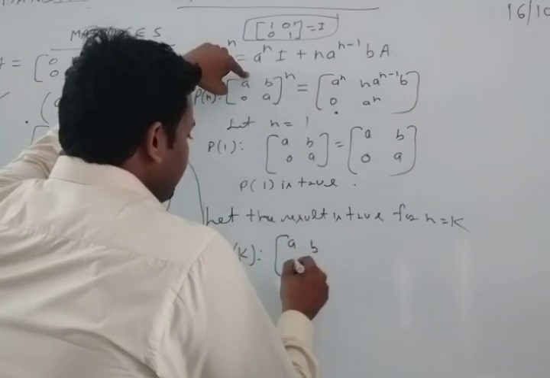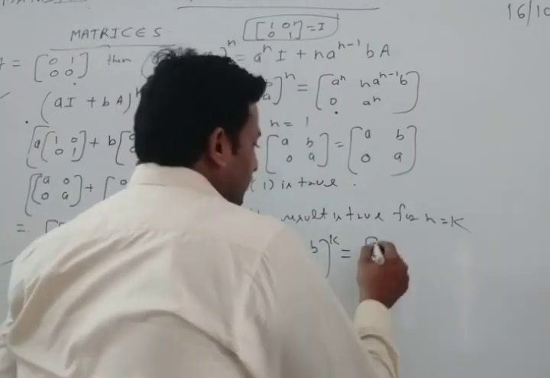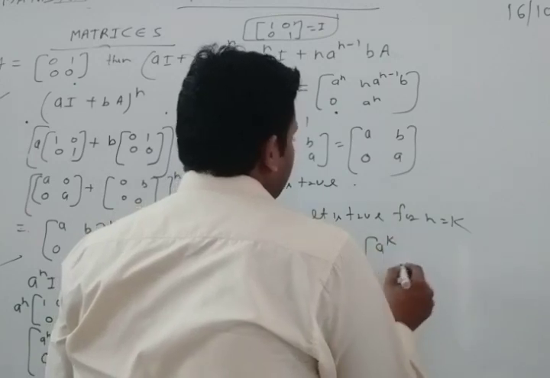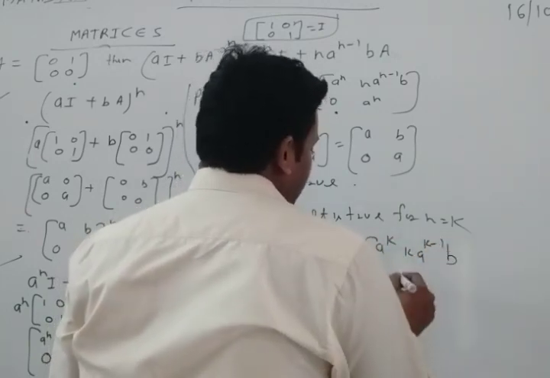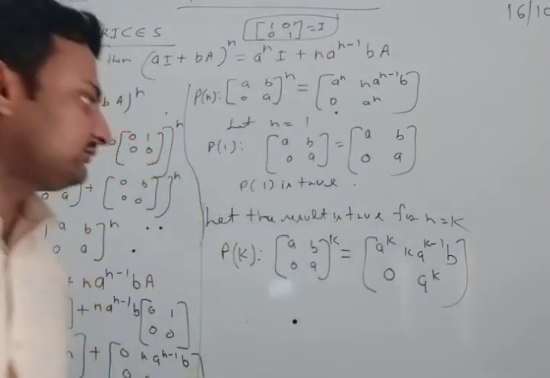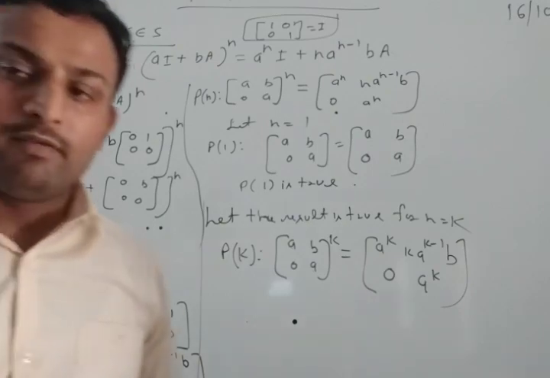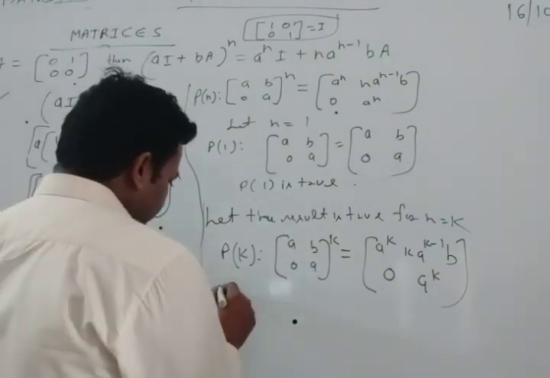A, B, 0, a to the power k, and this is equal to a to the power k, a to the power k minus 1, b, 0, a to the power k. Okay? Now we will prove the result is true for n is equal to k plus 1.